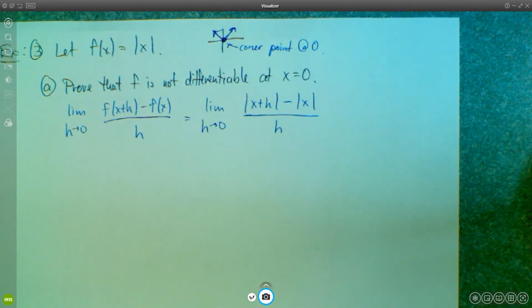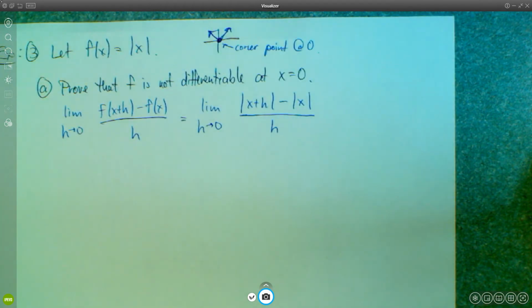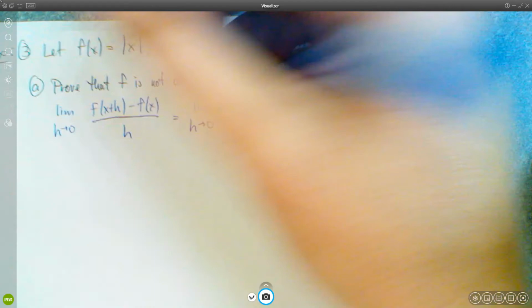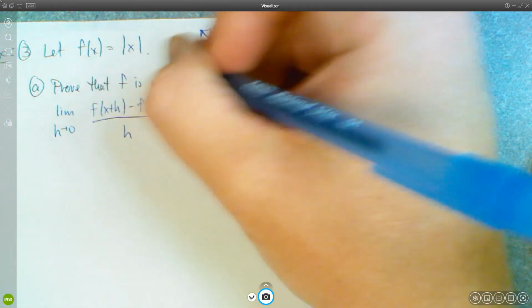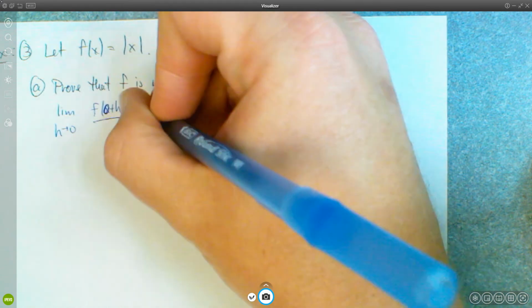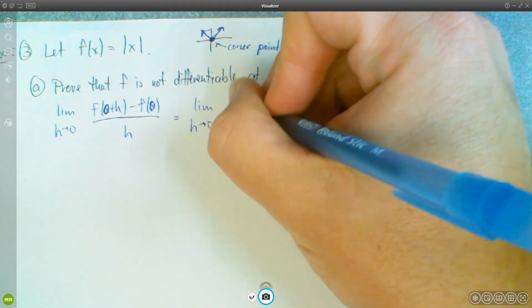So we need to show that the limit doesn't exist. I just want to show that it doesn't exist at 0, not that it doesn't exist anywhere. So I'm going to replace the x's with zeros.